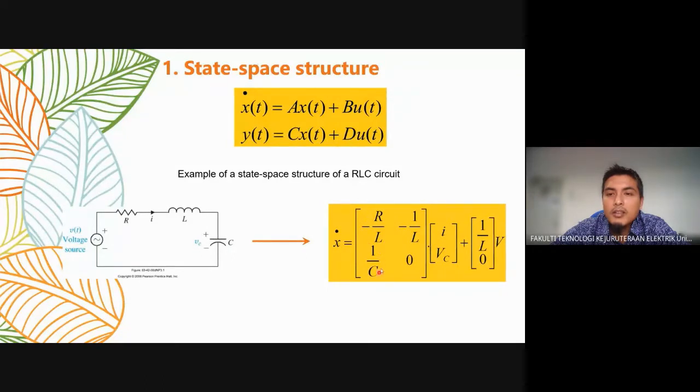If I give you the numbers, R equal to 2, L equal to 5, C equal to 3, and you replace everything here, it will be numbers. This one will stay as V C, and this also will be a set of numbers, and this is still V. So you can see that matrix A, B, C, and D will be sets of numbers.